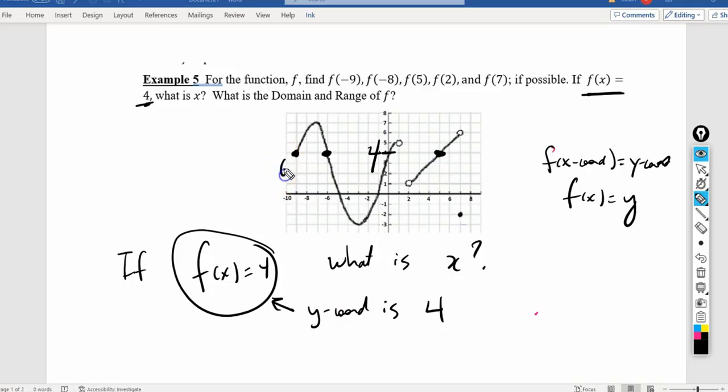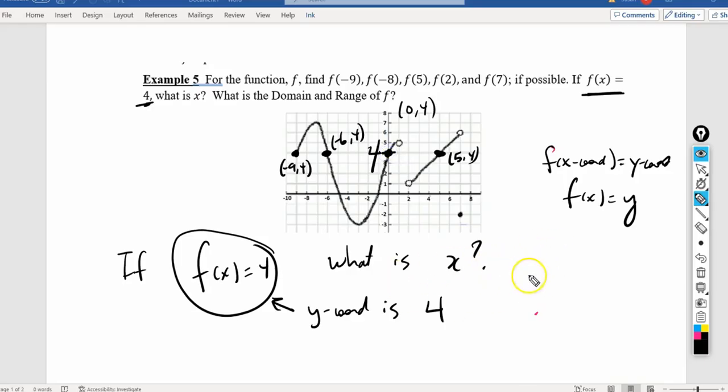We've got -9, 4. We've got -6, 4. Oh no, we've got 4 points. We've got one there as well, 0, 4. And 5, 4. So this point here is 0, 4.